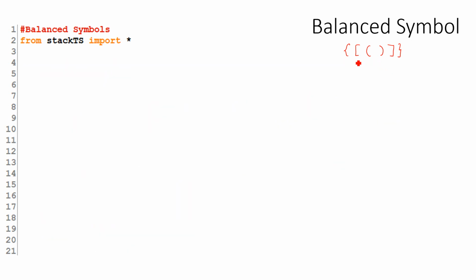Now, we will look into how this program is going to be implemented for finding a balanced symbol. Here we make use of the stack. The stack is already defined, so we make use of the stack and all its properties. We define this as a function that accepts the input as a string, and we scan the string.